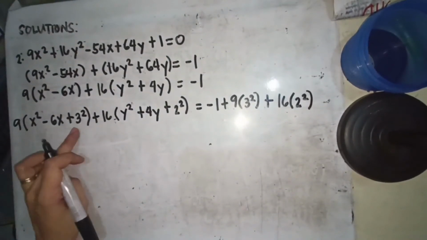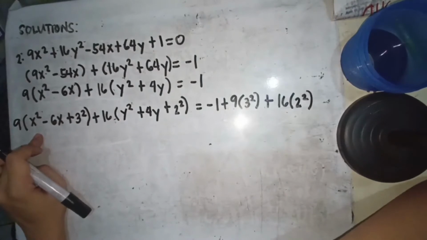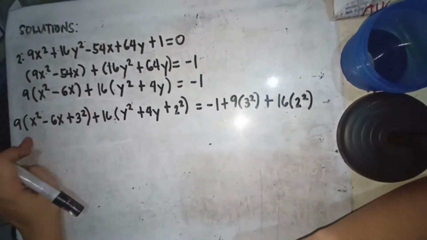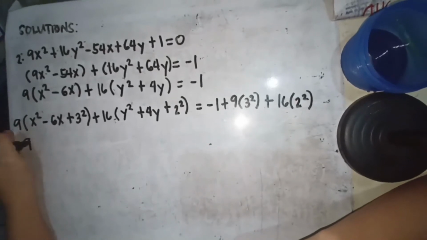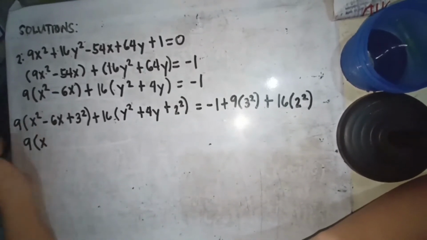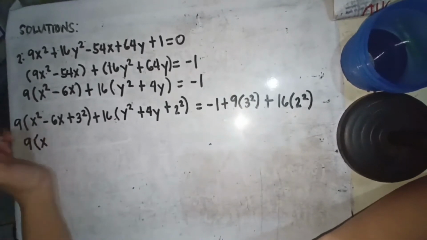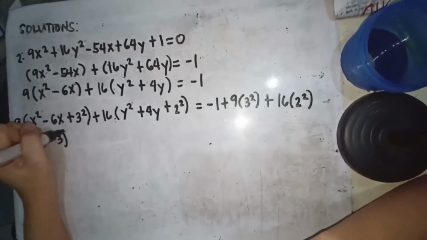Okay, next. For the grouped terms, transform this into a square of a binomial. So, we copy the constant outside. So, we have 9 times root of x squared, we have x. Operation, we have minus. Root of 3 squared, we have 3.